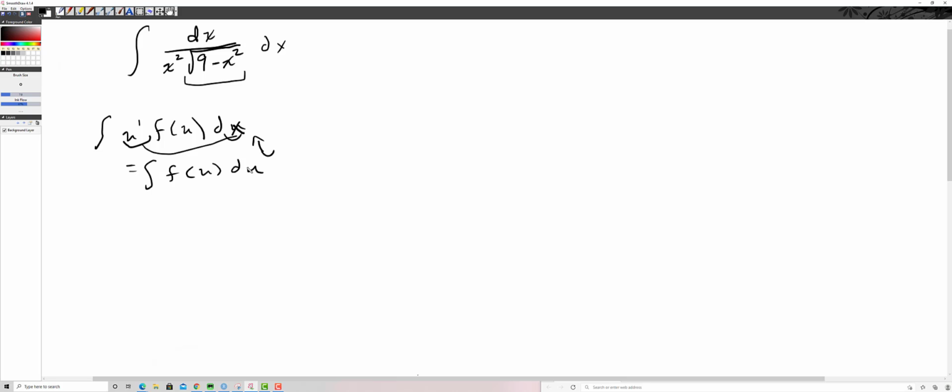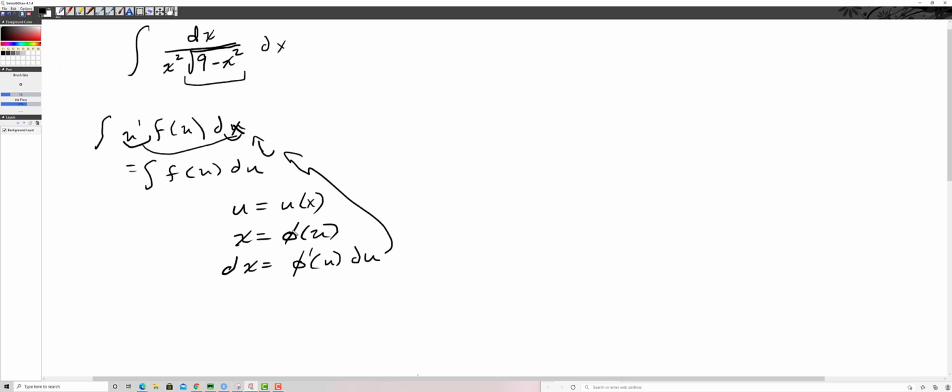So if you want to say, instead of u equals some u of x, x equals some phi of u, then you can define dx as phi prime of u du and shove that in where you see dx.